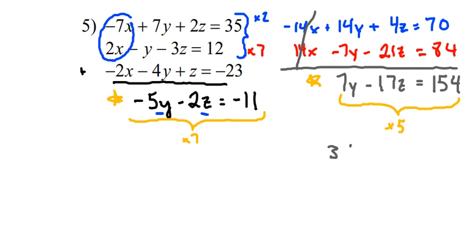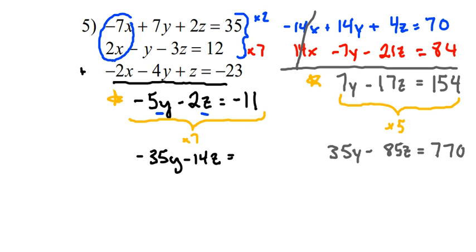So this one's going to become 35y minus 85z equals 770. Yeah, I think that's right. And then over here, we will have negative 35y minus 14z equals negative 77. So then we bring these two things together, and we're going to eliminate.